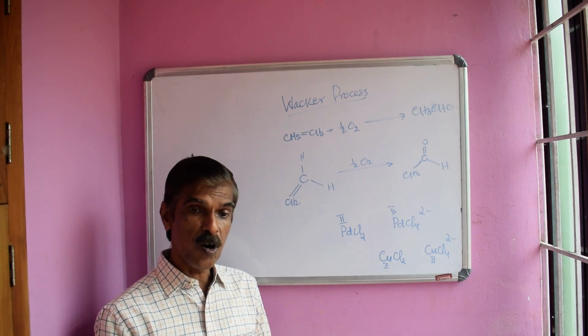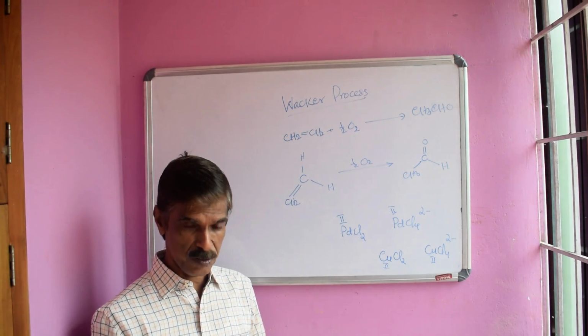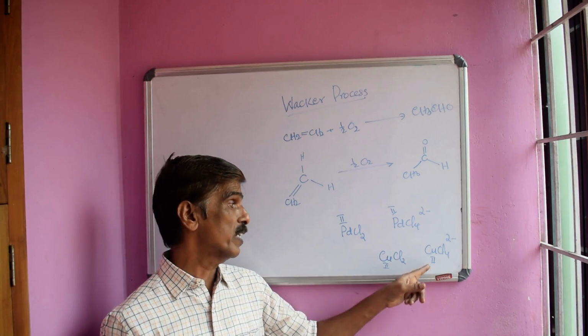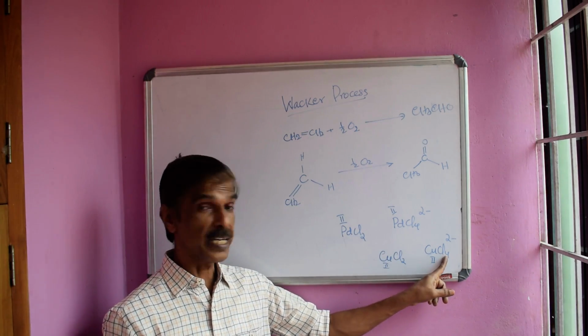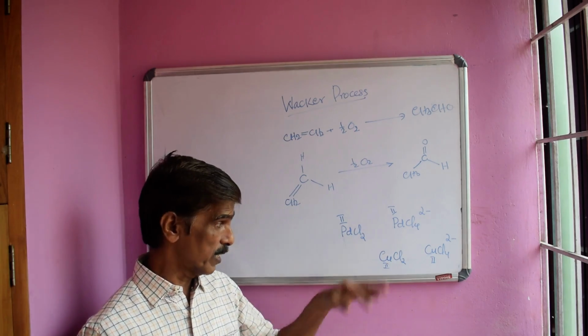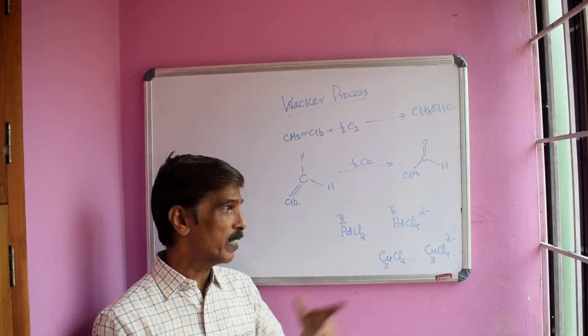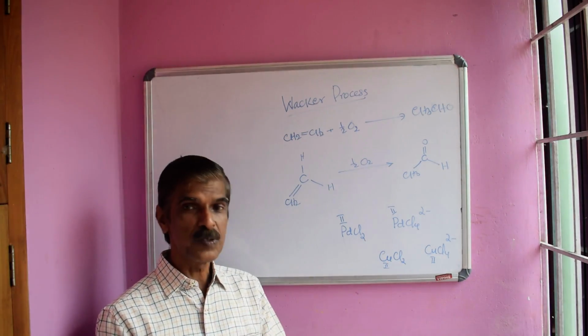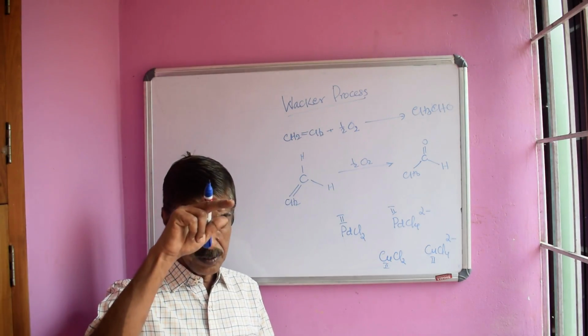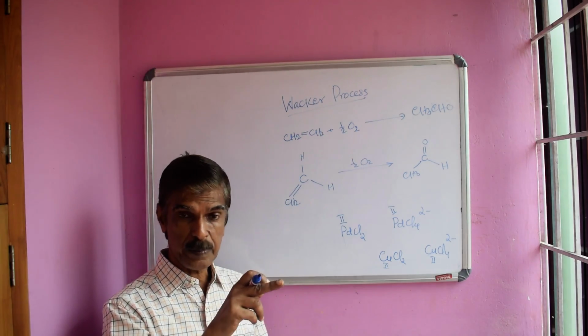Then copper 1 is oxidized by atmospheric oxygen in the presence of the chloride ions and all the reactants. We can see that there is another cycle of copper 2, copper 1, copper 2, copper 1, and palladium 2, palladium 0, palladium 2, palladium 0. Palladium 2 reacts and finally forms palladium 0.